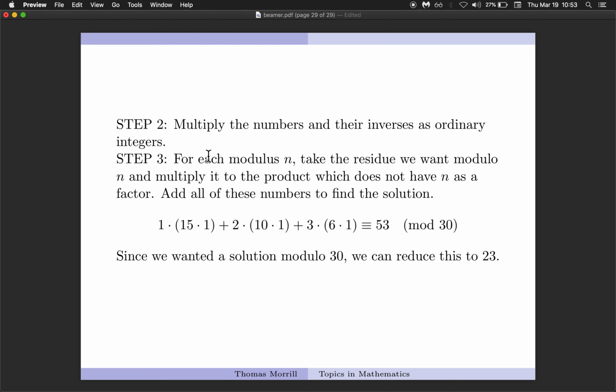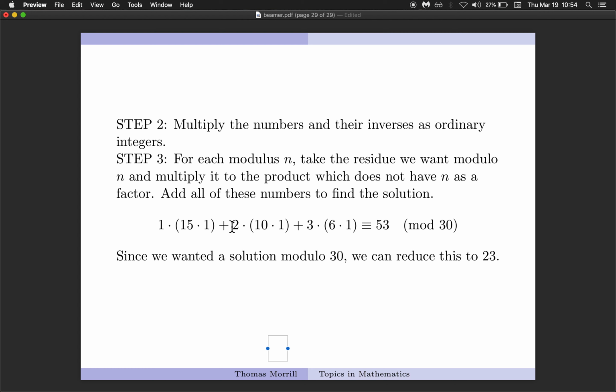And for each of these moduli, take the residue you want, mod n, and multiply it onto the product which does not have n as a factor. So this is my product that has no 2's in it. I wanted my x to be 1 mod 2, so I've multiplied these together.